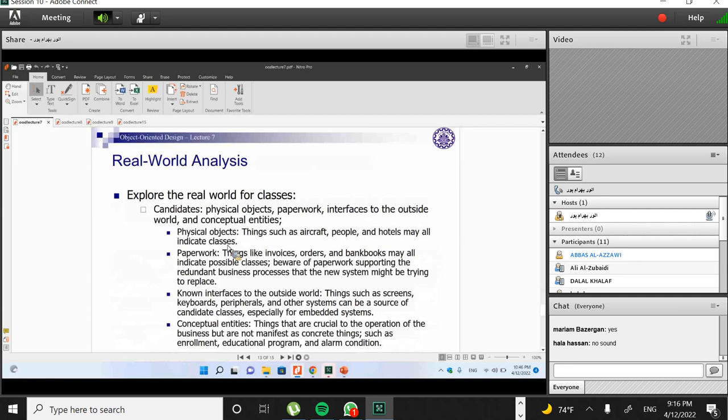The last technique is real world analysis. In the real world, there are physical objects, and all of them define some of the classes which are needed in software.